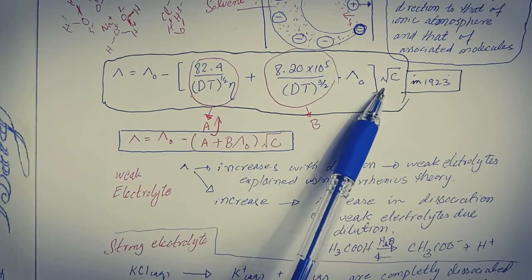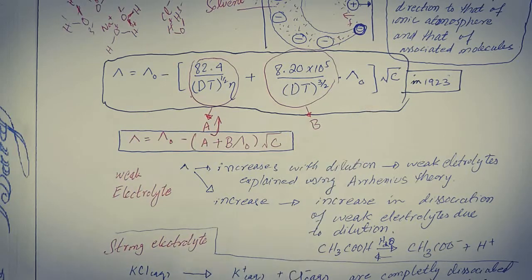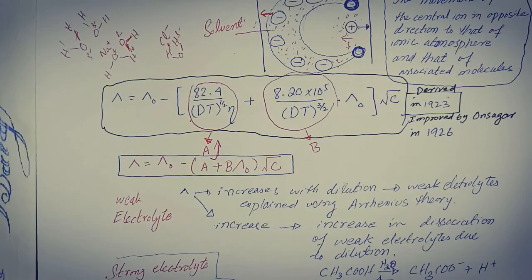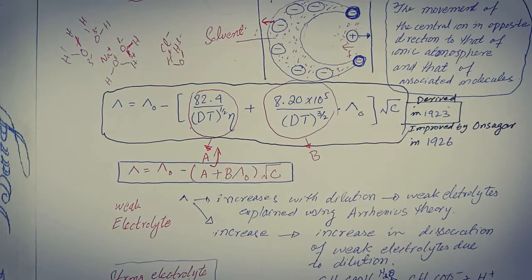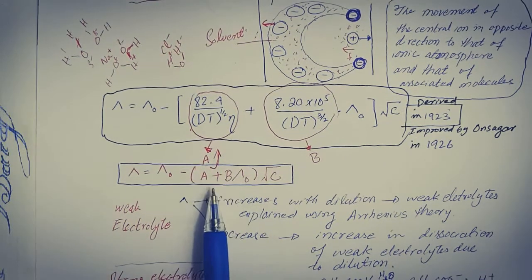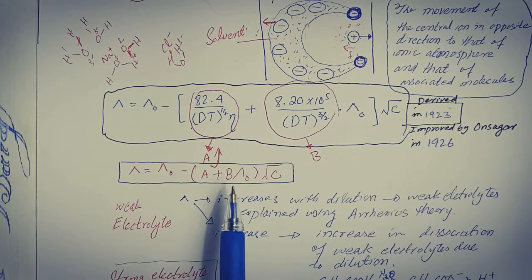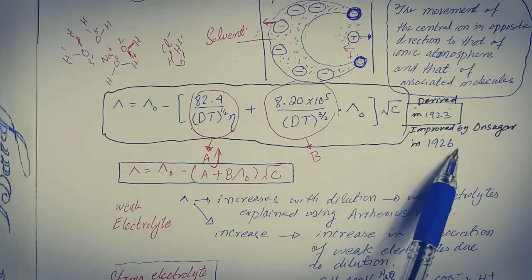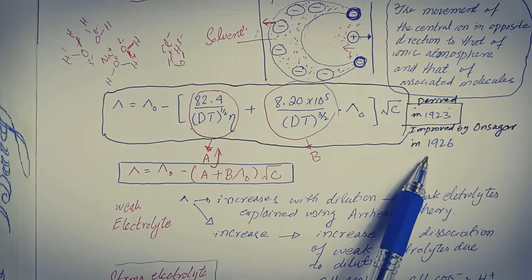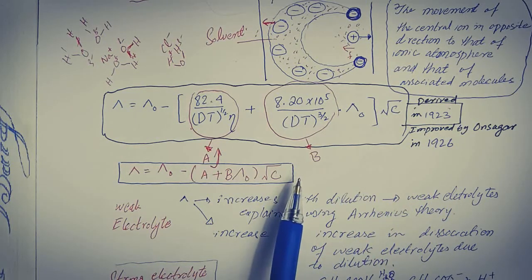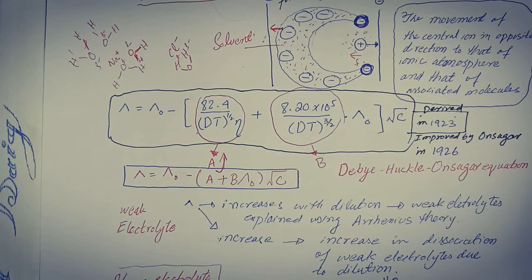Here the concentration is given as a square root. The equation derived by Debye-Huckel is given here in a modified form, and it was further improved by Onsager in 1926. So the equation is known as the Debye-Huckel-Onsager equation, given here as the modified form of the Debye-Huckel equation.